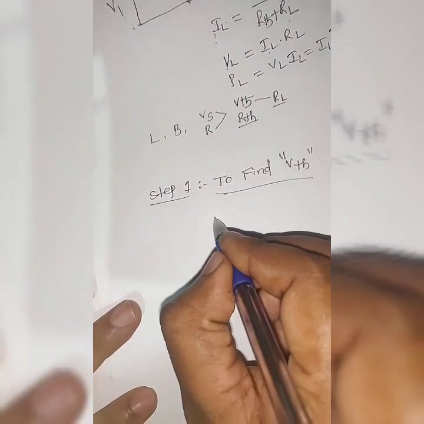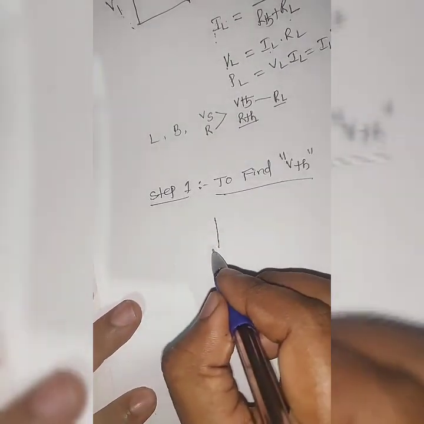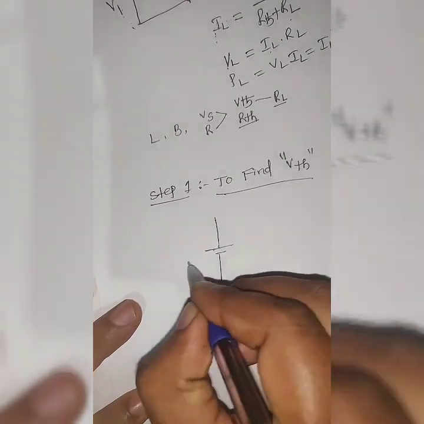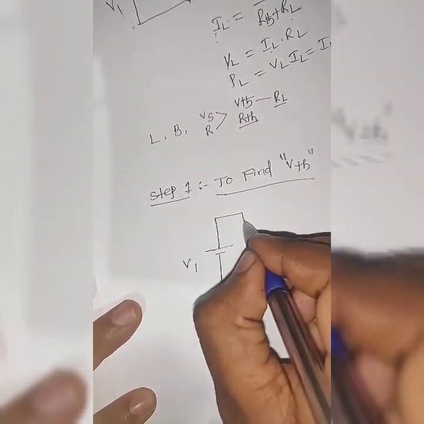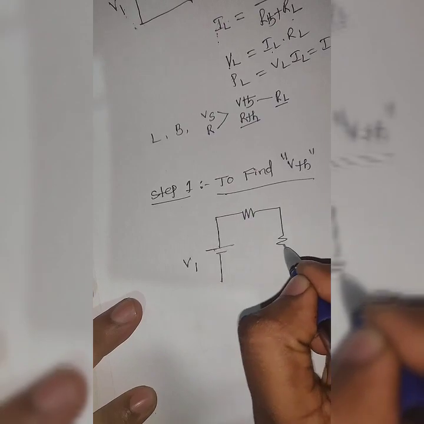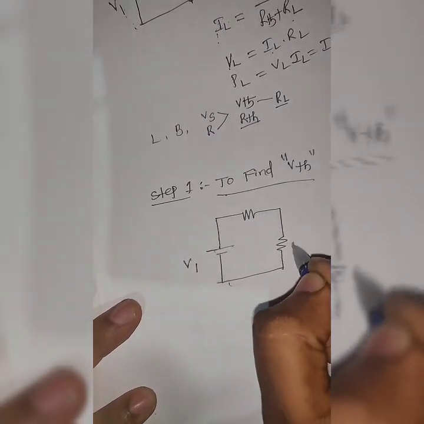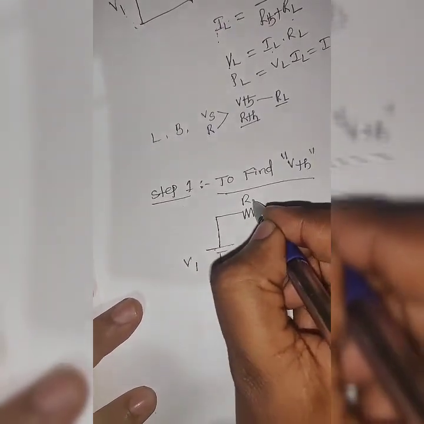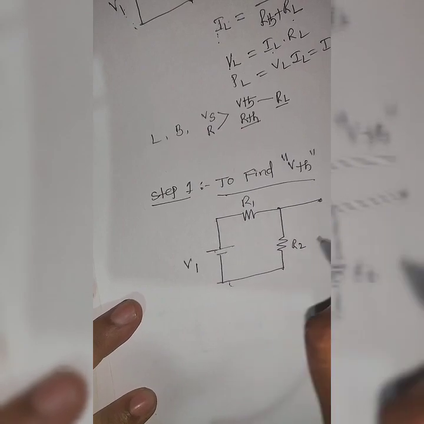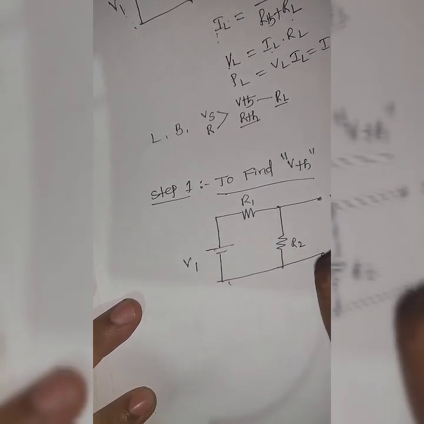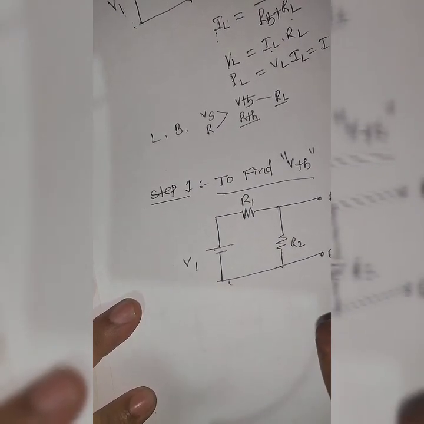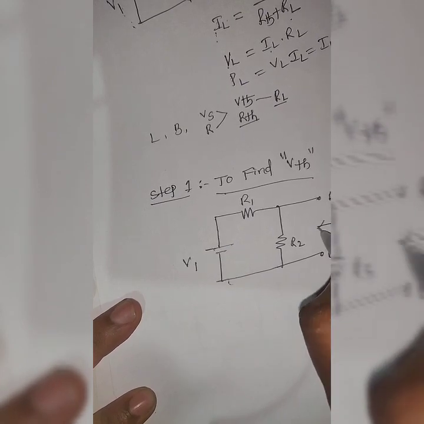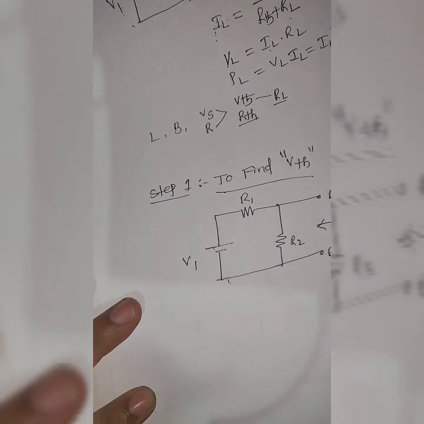After removal, the equivalent circuit can be drawn with V1 and the given resistances R1 and R2. Here the load resistance is removed, then mark the terminals as A and B. Here it becomes an open circuit.